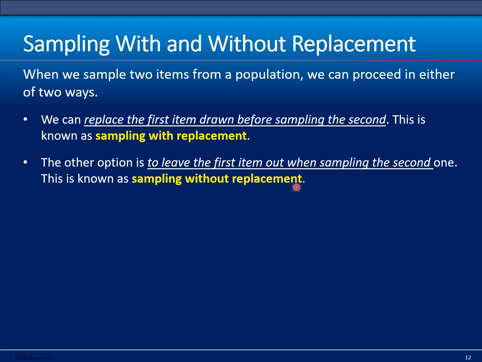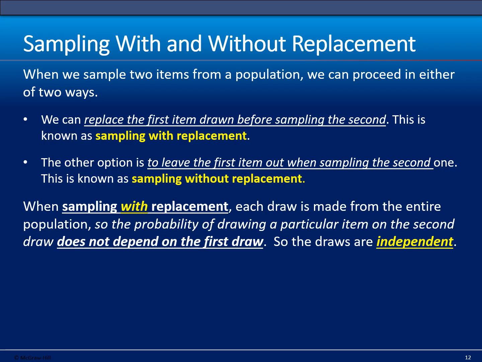When you sample without replacement, you take one out of the population, right? You record some data, and then you put it aside, and now your population is one smaller, so you pull another one out, and there's slightly a different change in probability because if you don't replace that original population item, then the population is getting smaller.